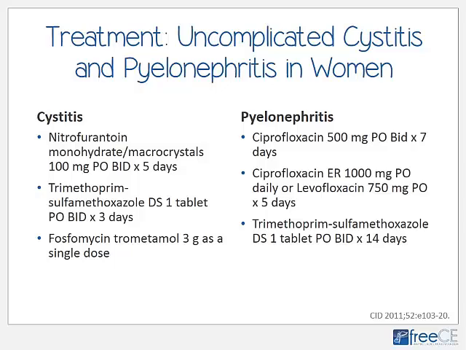So the guidelines for uncomplicated cystitis and pyelonephritis in women. For cystitis, the first-line recommendations include nitrofurantoin, 100 milligrams PO twice a day for 5 days, or Bactrim PO, 1 tablet, it's the double strength, twice a day for 3 days, and then fosfomycin 3 grams as a single dose.